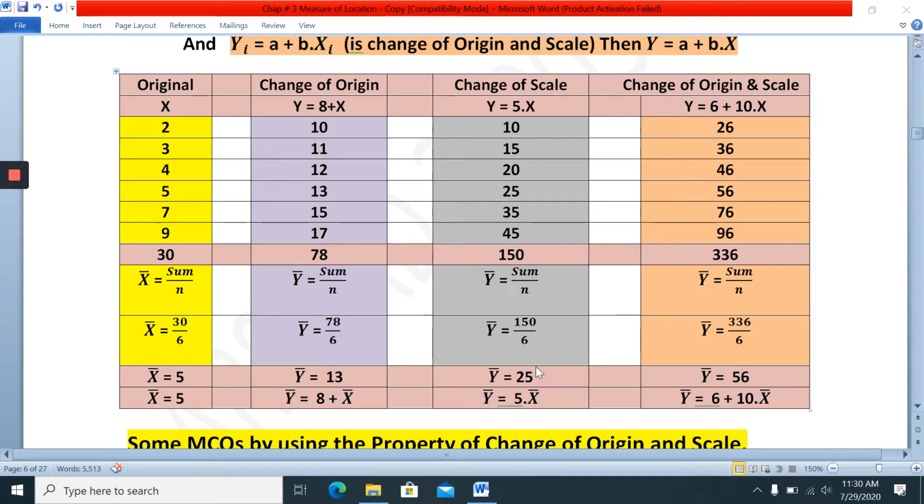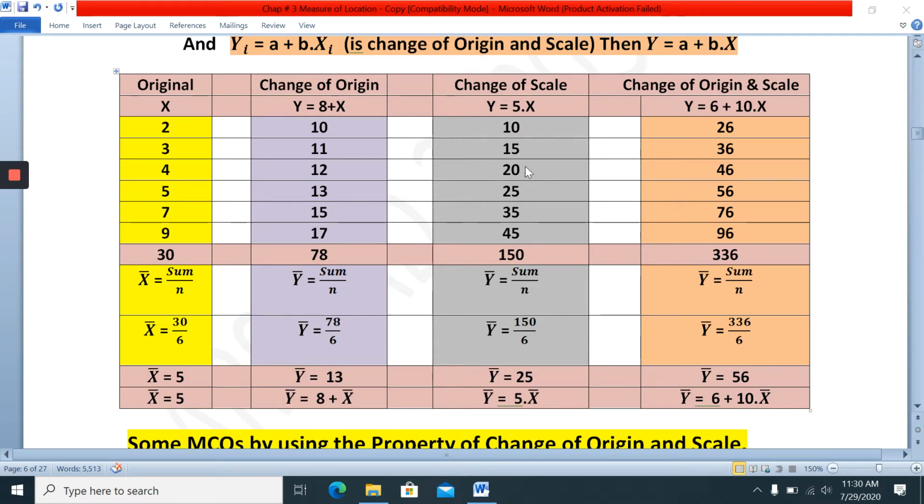Now let me confirm this answer from these values. So y bar is equal to sum divided by n. So add up all these numbers, which is 150. 150 divided by how many numbers are these? These are 6 numbers. Then divide by 6, we will get 25. 150 divided by 6 is 25.